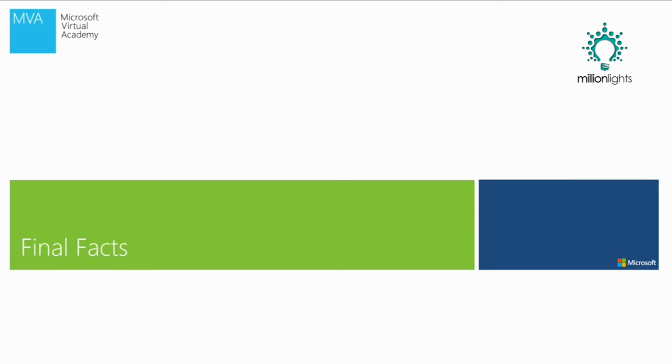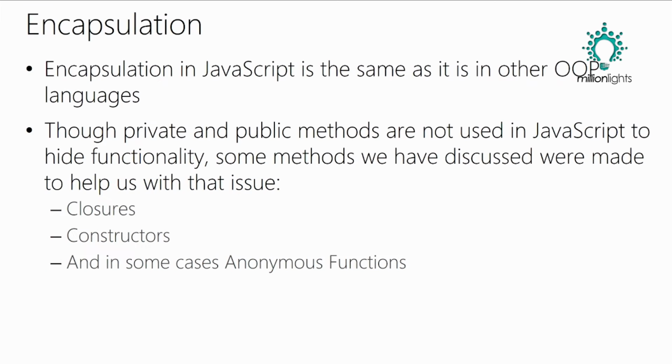Just some final facts and final things I would really like to touch on, just so you can walk away from this module with a little extra something. So there is encapsulation, and it's pretty much the same as it is with other object-oriented programming languages. The difference is, though, there are no public and private methods as there are with other languages.